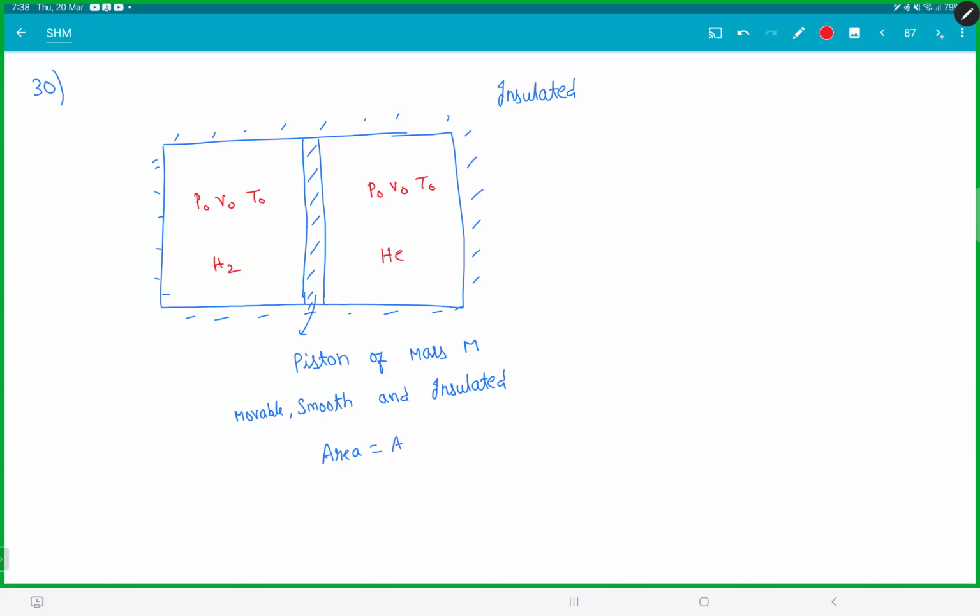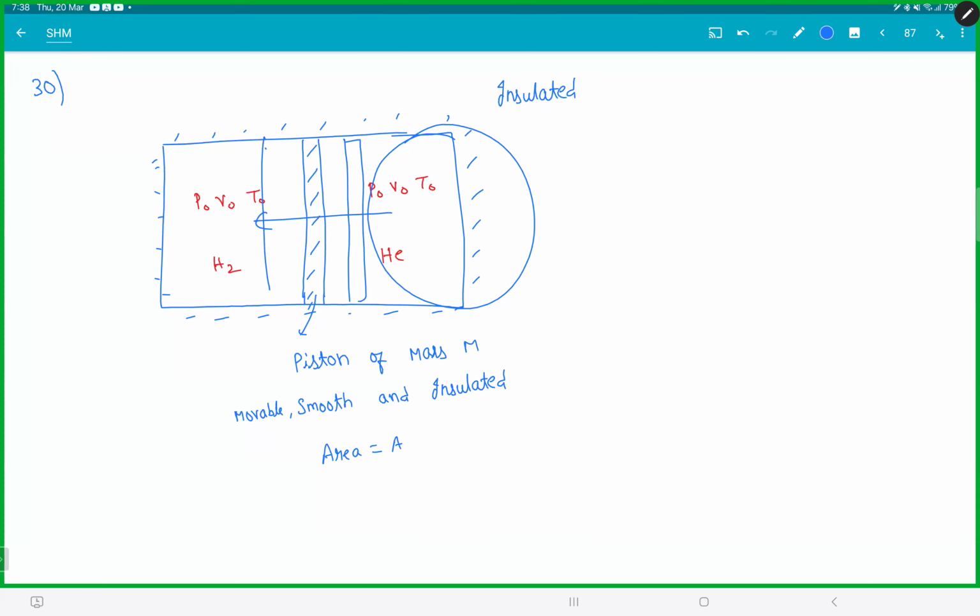Now initially on both sides the pressure is the same, so the piston will be at rest. Now tell me what happens if I push the piston towards the right. If you push it slightly towards the right, this side pressure will increase, so it will push the piston back.